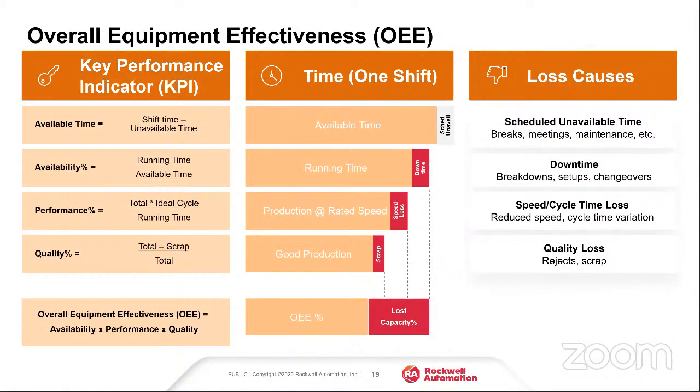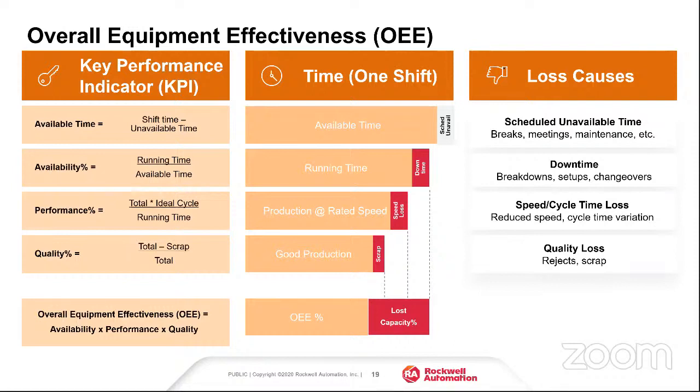So in essence, I want to put this together at the end in a very simple way in this slide, what we discussed so far. Overall equipment effectiveness is one of the key performance indicators, and it takes into consideration the available time, that is shift time, and availability: availability percentage is running time upon available time.